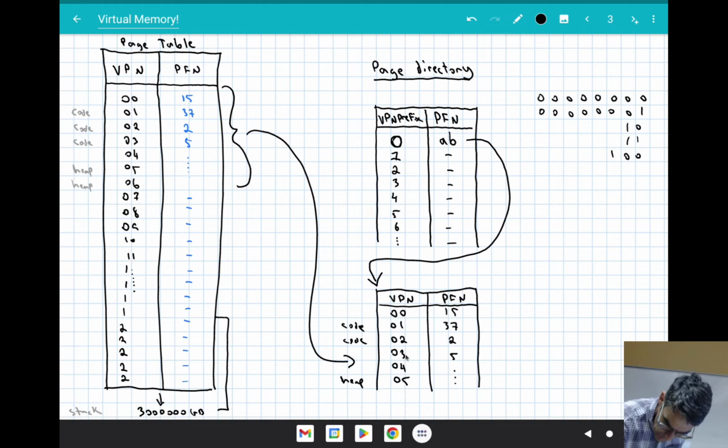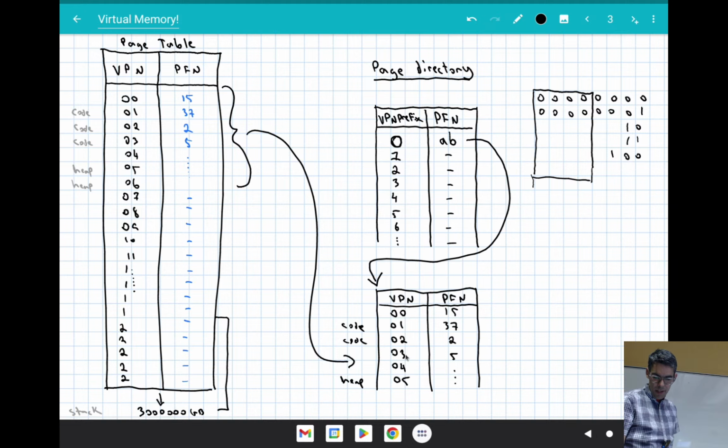If I'm allocating 4 bits as the prefix, there are going to be 16 total addresses that start with 0. The 16 total addresses that start with 0, I'm pointing at my screen here, would be put into this page if they're allocated.